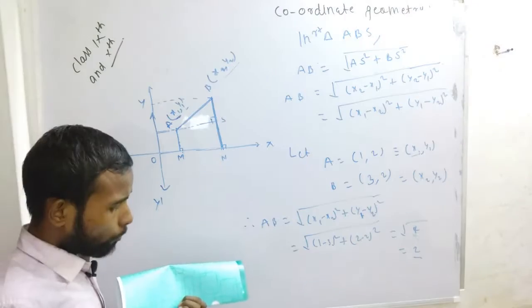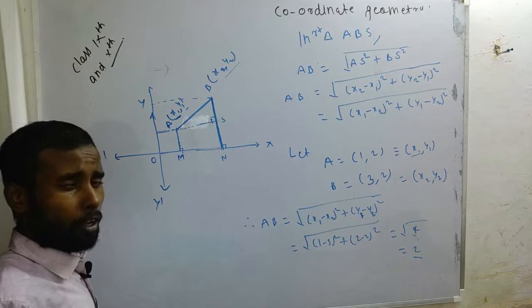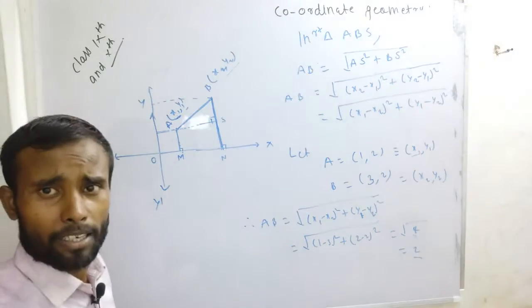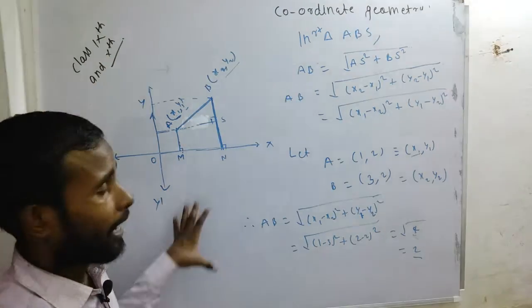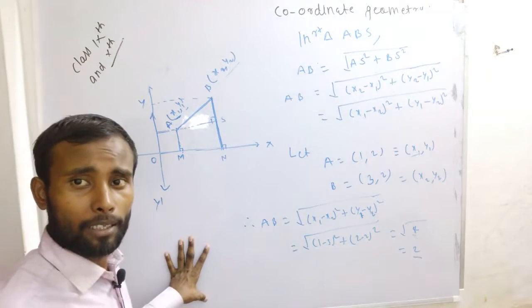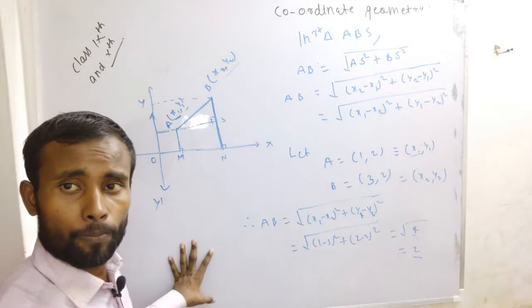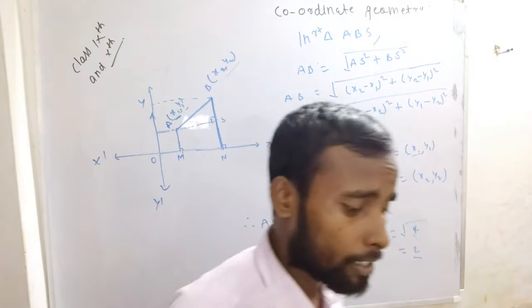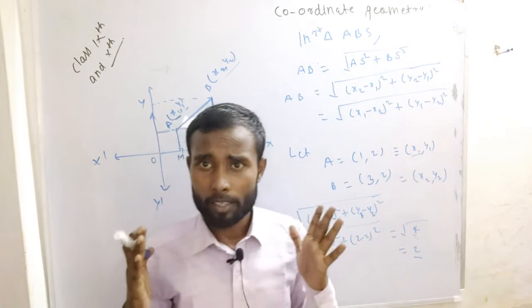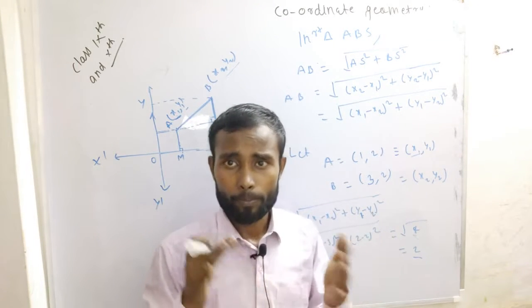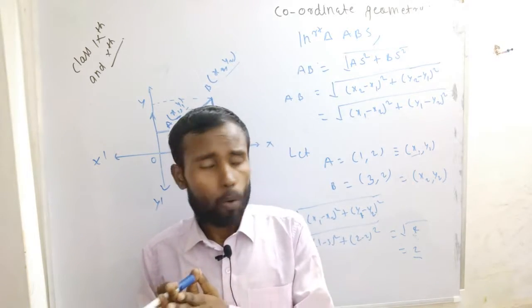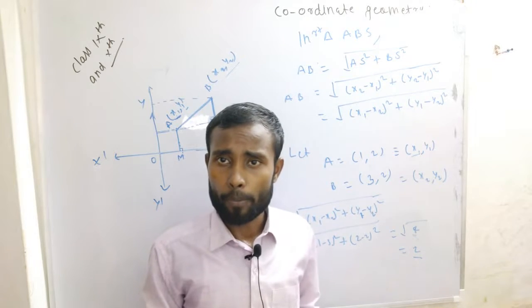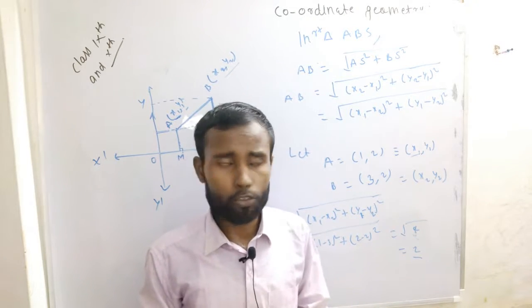So using this formula we can solve a lot of examples. Now we will discuss the section formula and related examples in the next video, and after it we will individually solve each and every problem of NCERT books for class 9th, 10th, 11th and 12th.